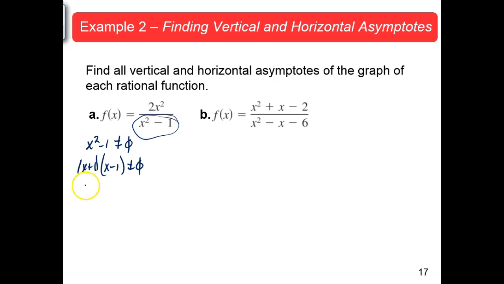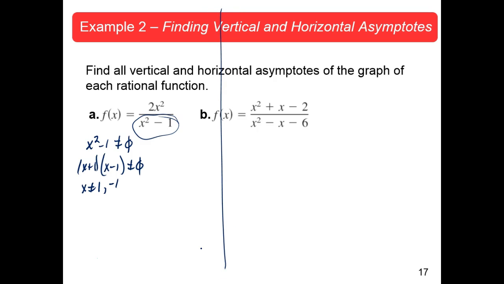X cannot equal positive 1, and x cannot equal negative 1. Can't equal either one of them. Therefore, your vertical asymptotes are those lines where x equals negative 1 and x equals positive 1. So since we found it, let's go on and do our graph.